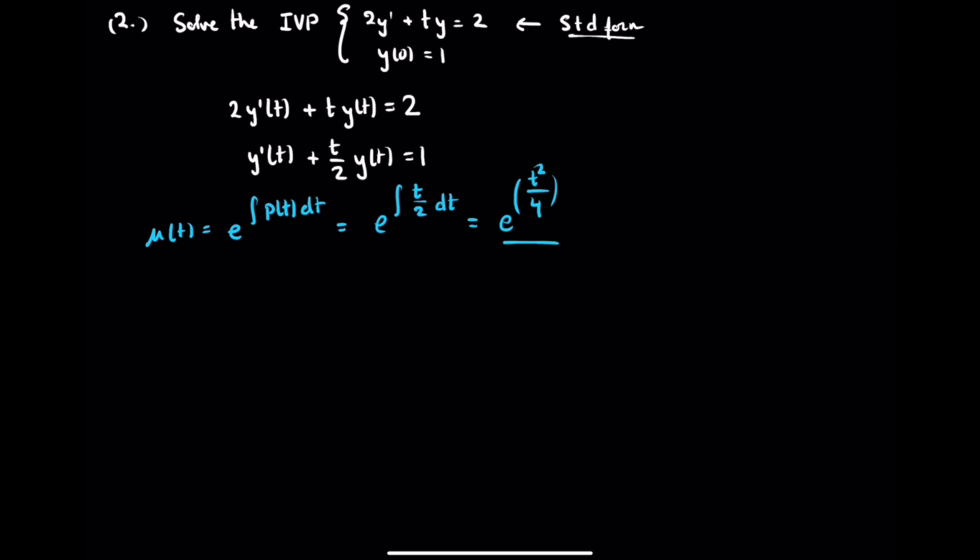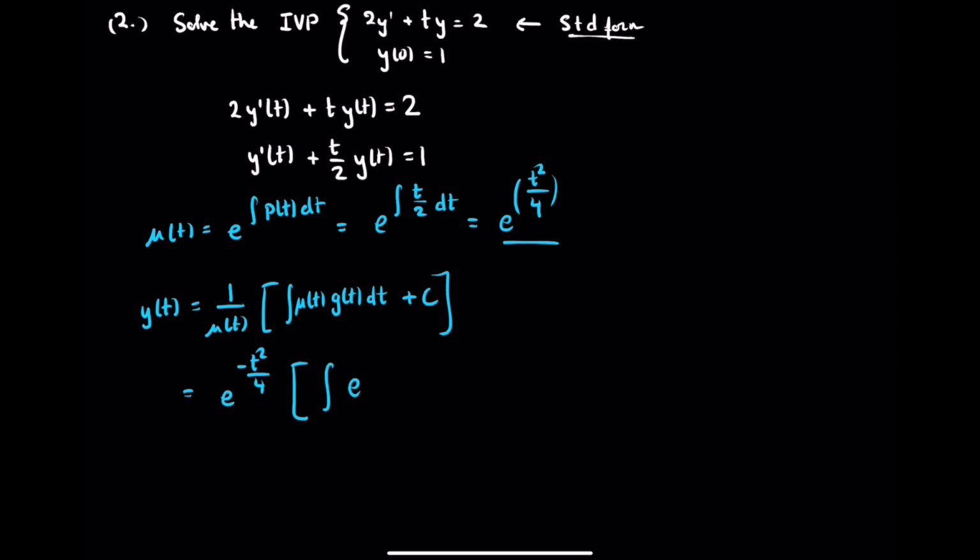When we put it into the big main equation, we're going to get 1 over e to the t squared over 4, and then this becomes e to the t squared over 4, and g(t) is 2 dt plus c, right?